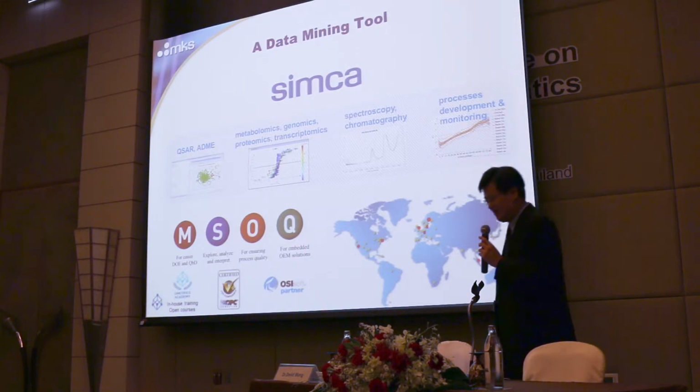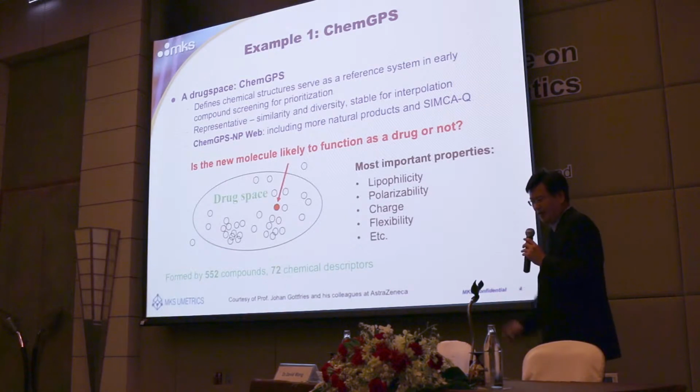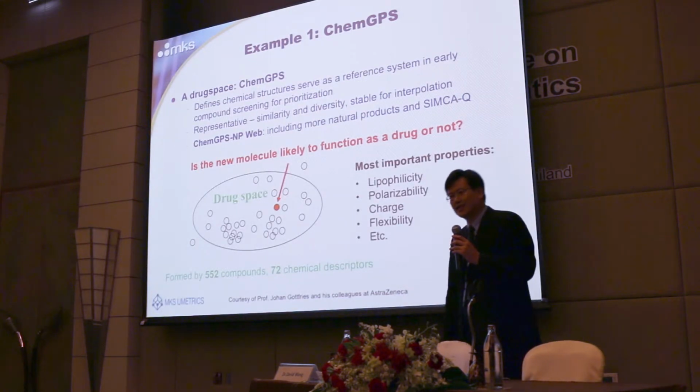Now let me show you the two examples. The first one we call CAM GPS. Actually, it is drug space, and we collect a number of data and use descriptors to characterize the data.